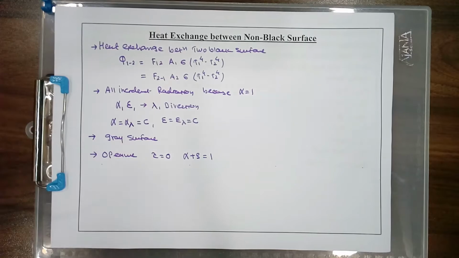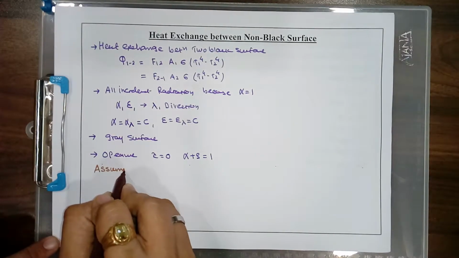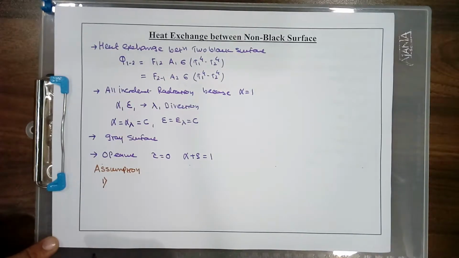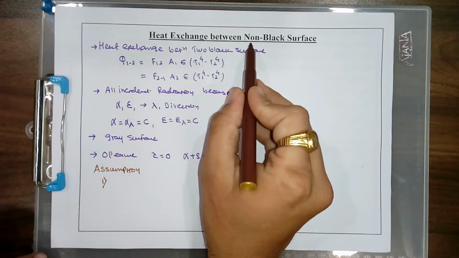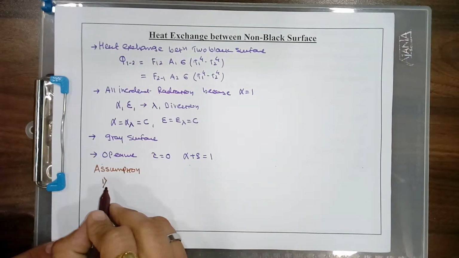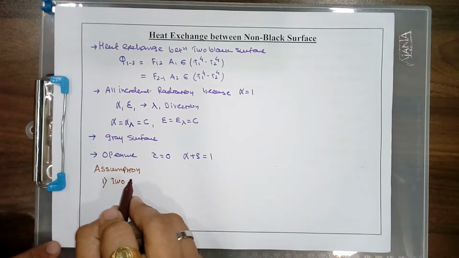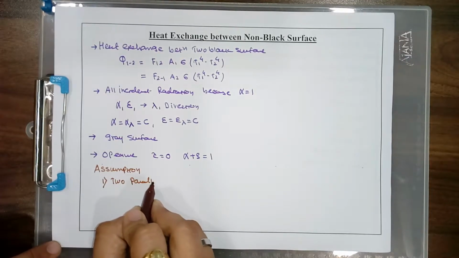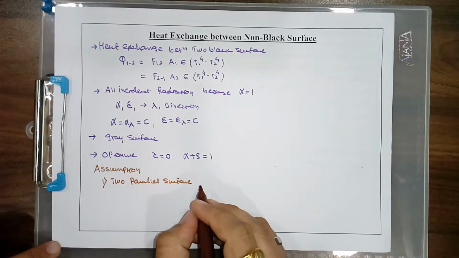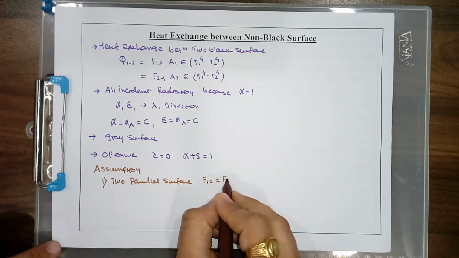So we made a first assumption: for the derivation of heat exchange between two non-black surfaces, we assume there are two parallel surfaces, and we know that for parallel surfaces the shape factor value is unity.